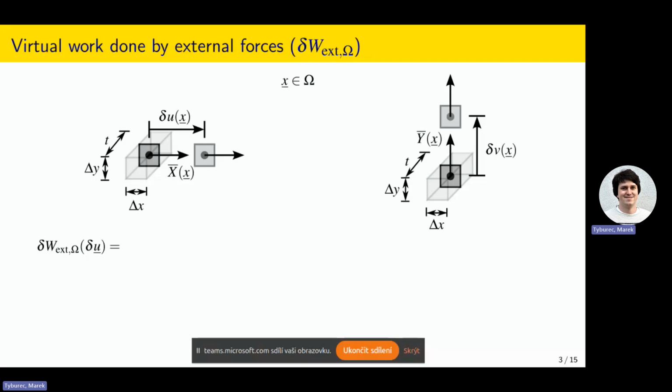Essentially, what we get now is, first we see that this t is something we can factor out.